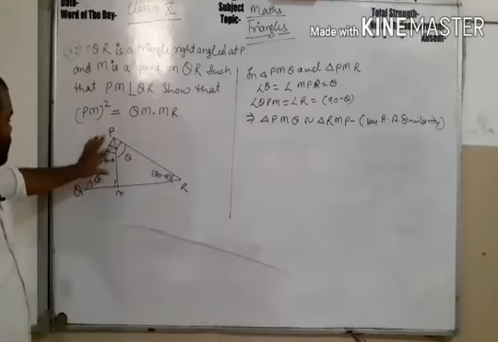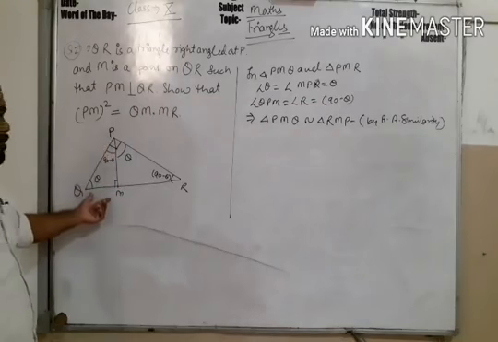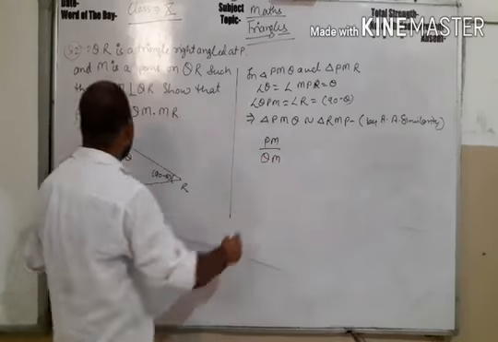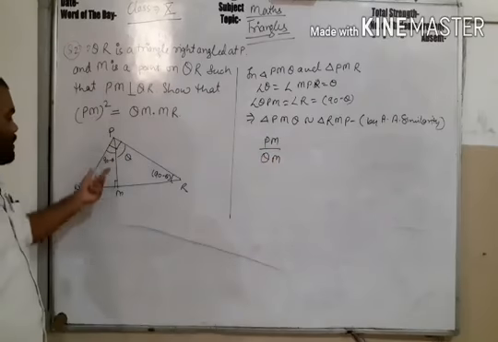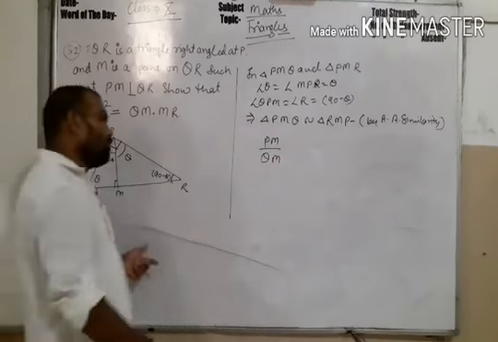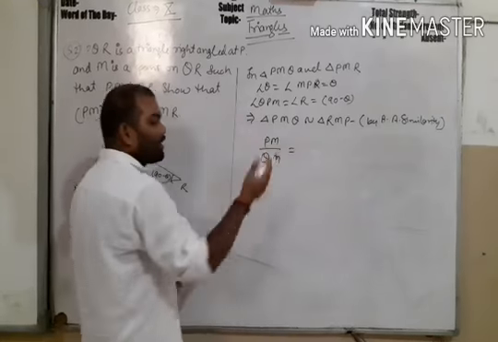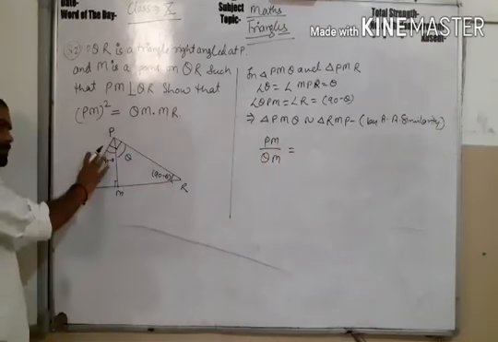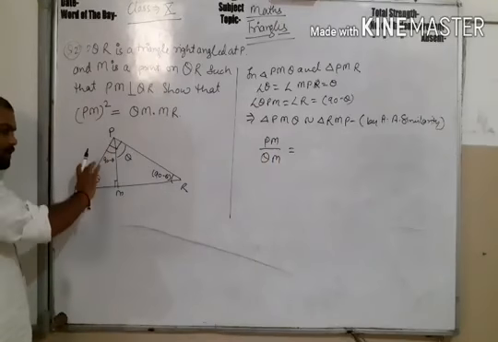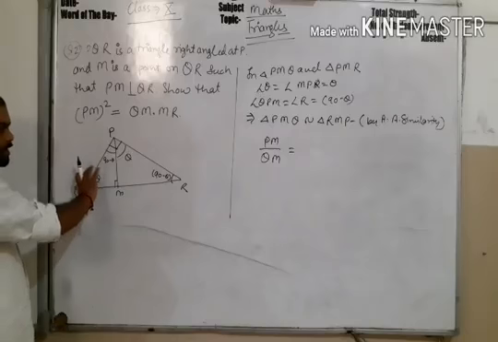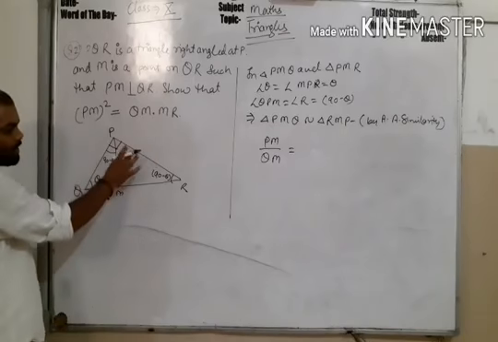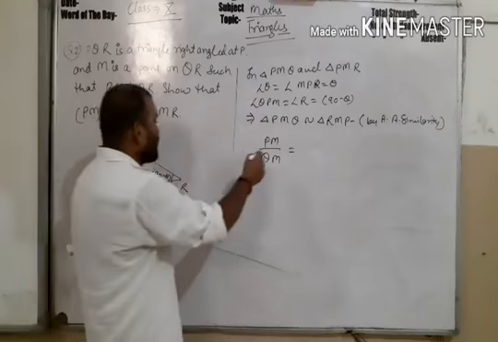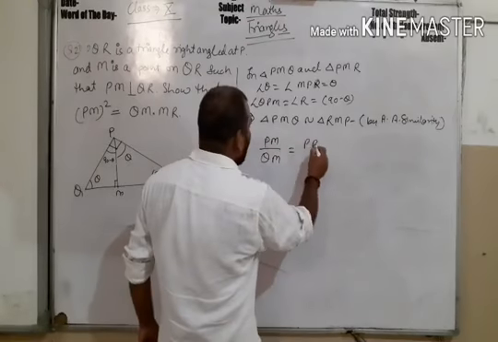Now we need the ratio of these two sides, PM by QM. Now PM is common, QM is in this triangle, so we will look for the corresponding names in the other triangle.